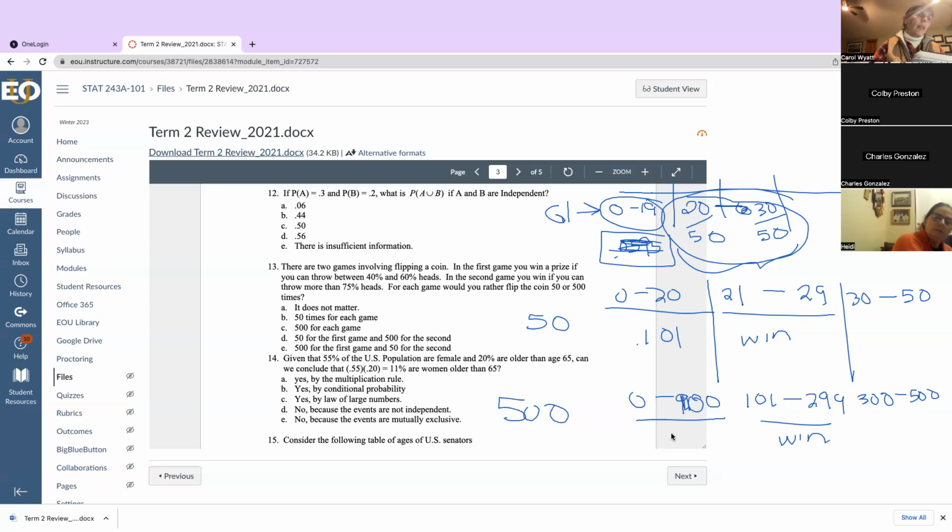Let's see if these probabilities match up. So now I'm going to go binomial CDF again. My number of trials is 500. My X value now is 100. Oh, but we want to do 40%, not 20%.